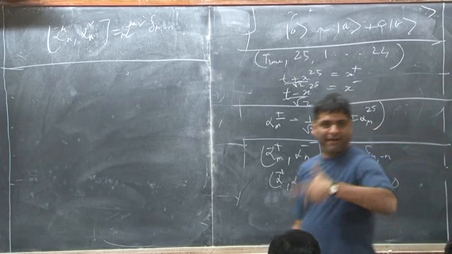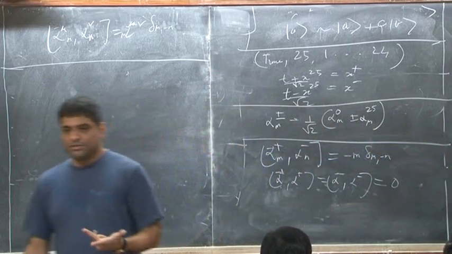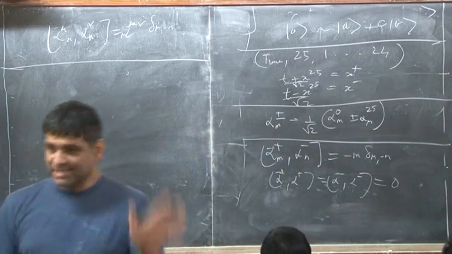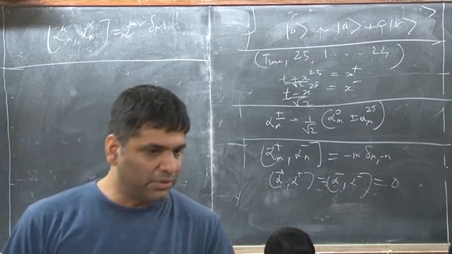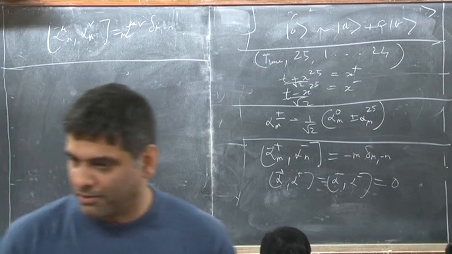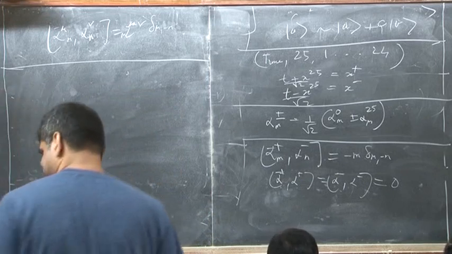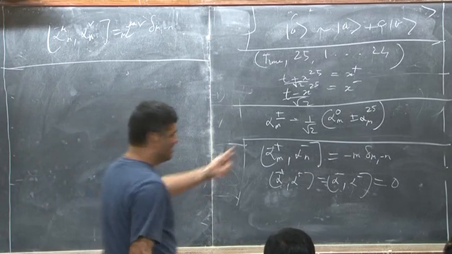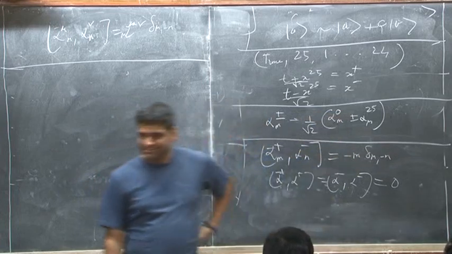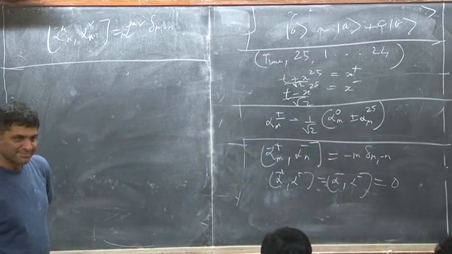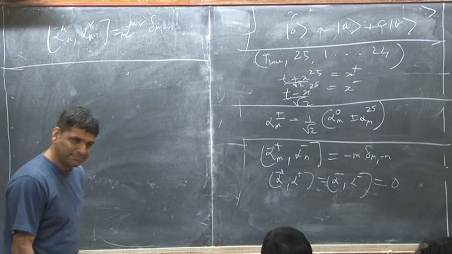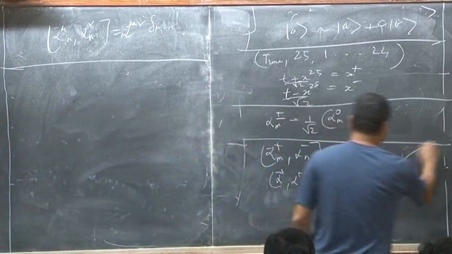Both of them come with a factor of half. You get a minus sign from the zeros because the metric had the opposite sign, and a minus sign from the 25 because that came with minus. Is this clear? So this commutation definition is correct.